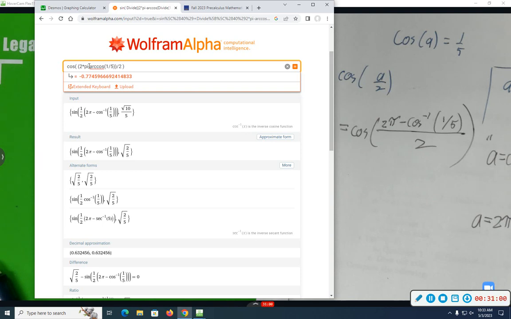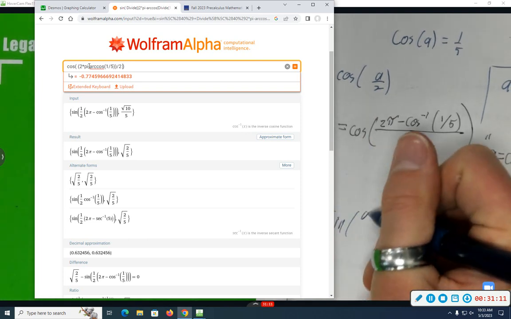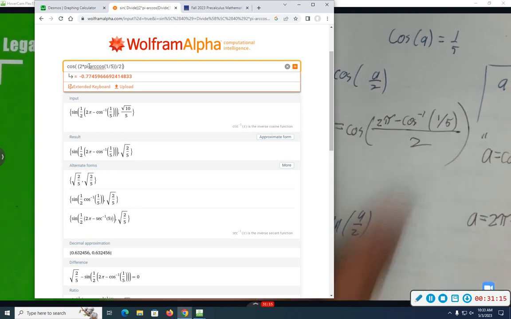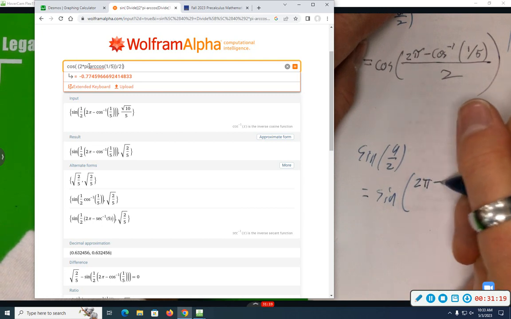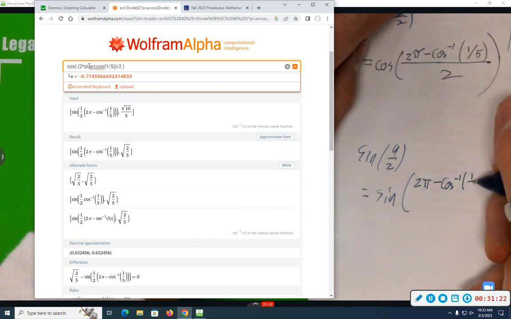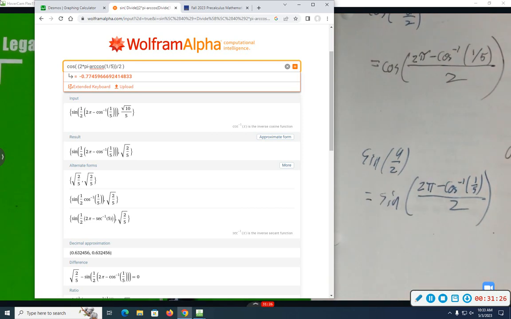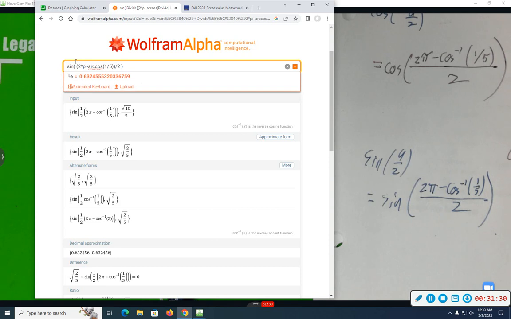Well, happily, that's easy enough to fix, right? How would you change this to get sine? Replace the cosine with the sine, right? I actually wanted sine of A over 2. Pi minus cosine inverse of 1 over 5, close parentheses, all that divided by 2, close parentheses. 0.63-ish.